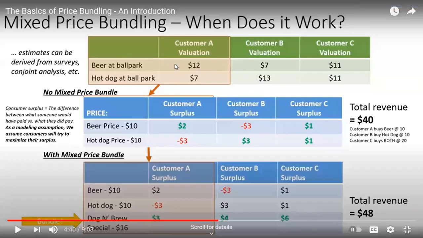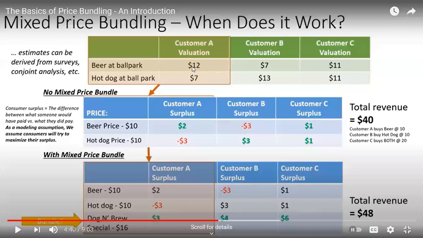So here it's describing how three customers value beer and hot dog. Customer A thinks beer is worth $12. Customer B, beer is worth $7. This is in his mind, okay?